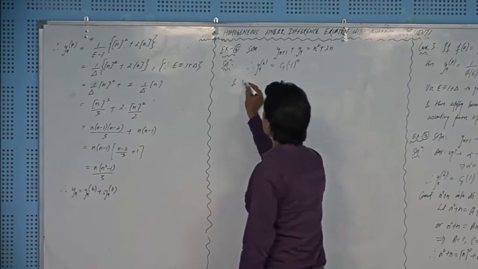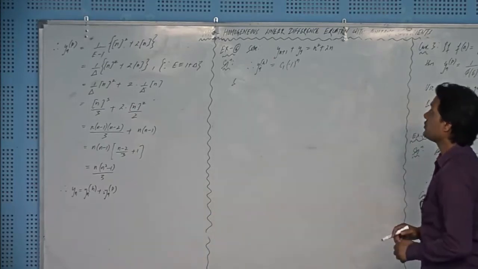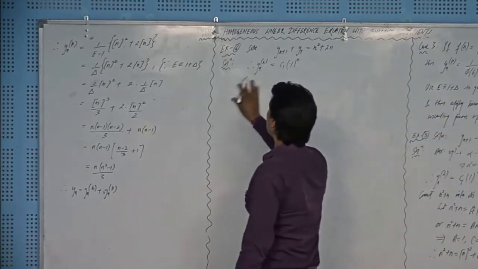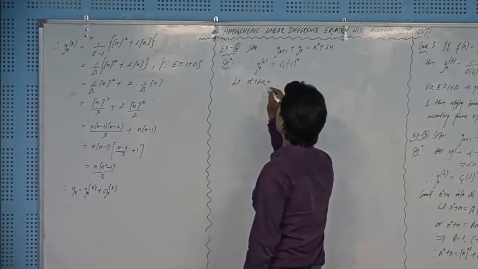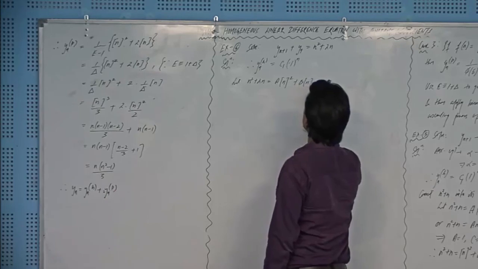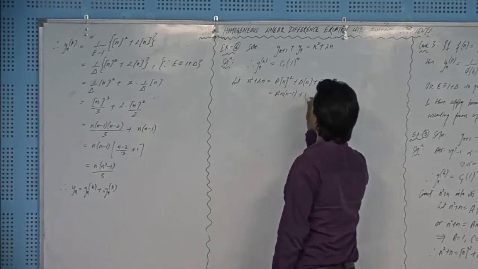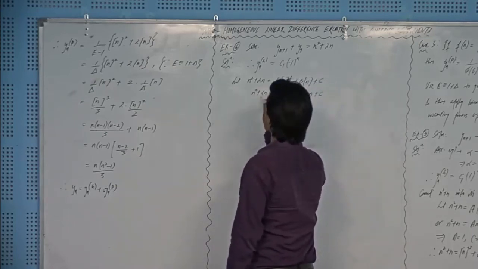And the particular solution will be, but before actually calculating it, I should first convert this into factorial notation. So using that same logic, let n square plus 2n, because this is a second degree polynomial, so a standard second degree polynomial is a factorial n square plus b factorial n plus c, and this is n square plus 2n.